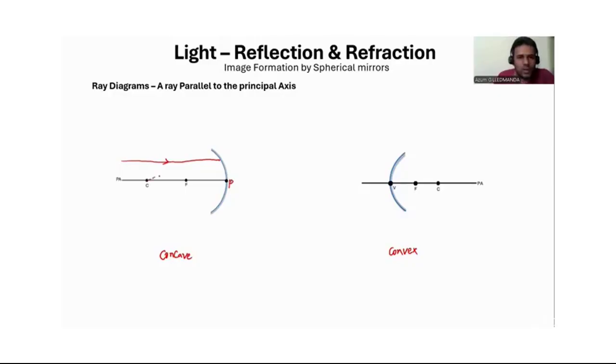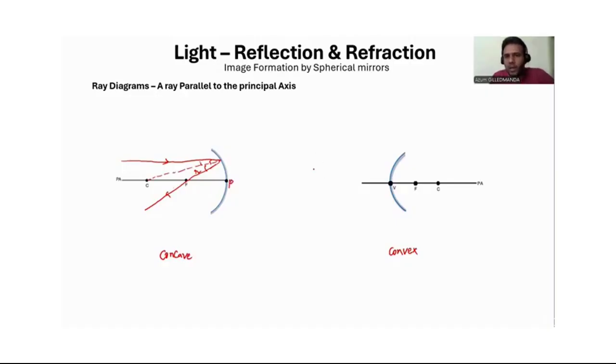If we draw an imaginary line from the center to the point of incidence, this is the angle of incidence i, and with the same angle it will reflect back and pass through the focus. This is the reflected ray, and this angle is the angle of reflection. So if a ray parallel to the principal axis is incident on the concave mirror, it reflects and passes through the focus of the concave mirror. That's one scenario of the ray diagram.